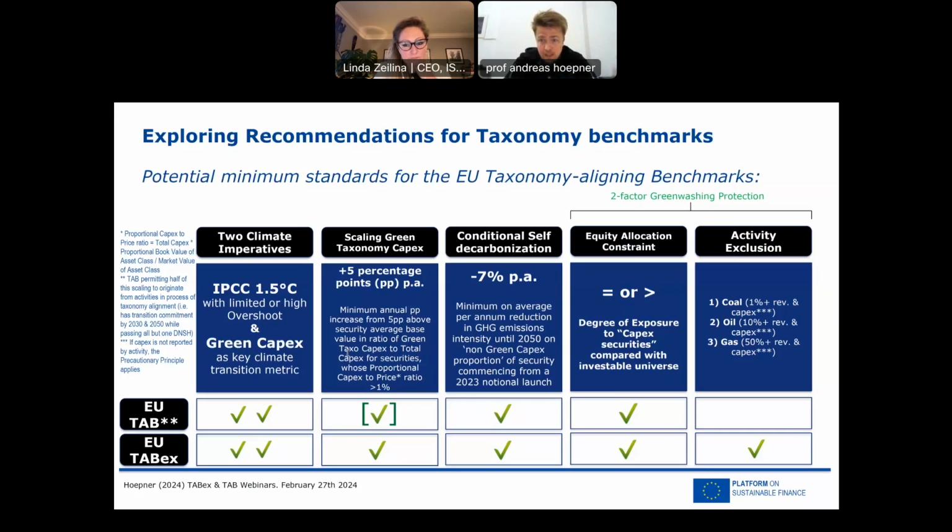So really, it combines both imperatives. The number one imperative of the Paris Agreement, which is to decarbonize. Without decarbonization, we get nowhere. And the number two imperative, which is to green the economy, so that we actually make sure that the decarbonization will be accepted, tolerated, even encouraged at the ballot box.